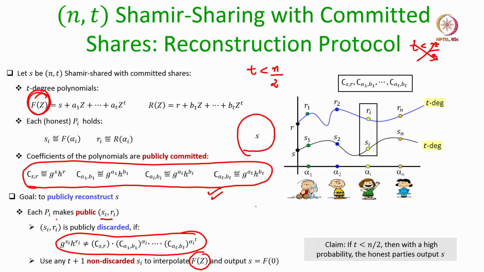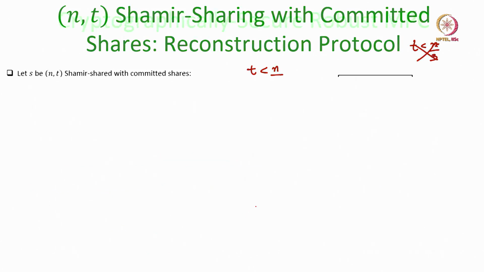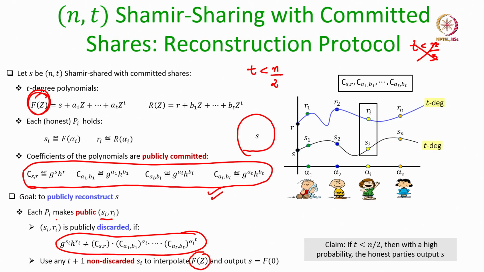So, this protocol will give us some output, and assuming that the binding property holds, then the output is correct.